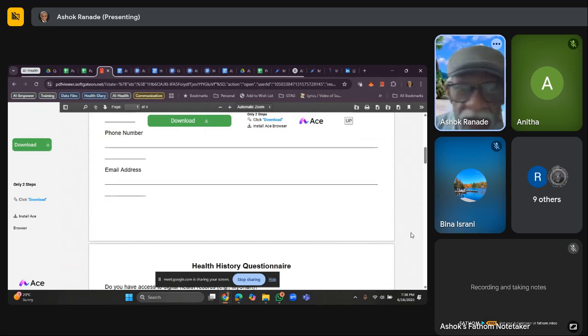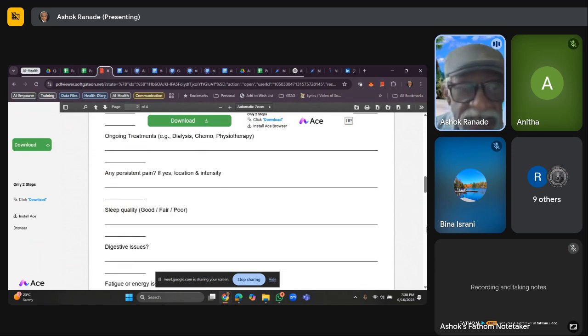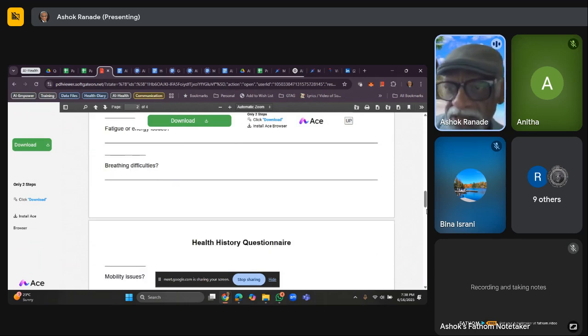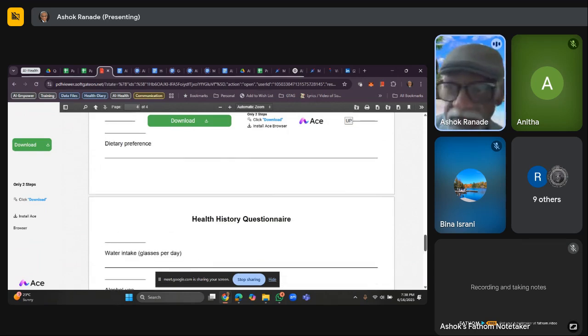Do you have access to digital health records, list of surgeries, past hospitalizations, any persistent pain, sleep quality, digestive issues? All different kinds of things are asked. All this information, if you can fill up and keep it.